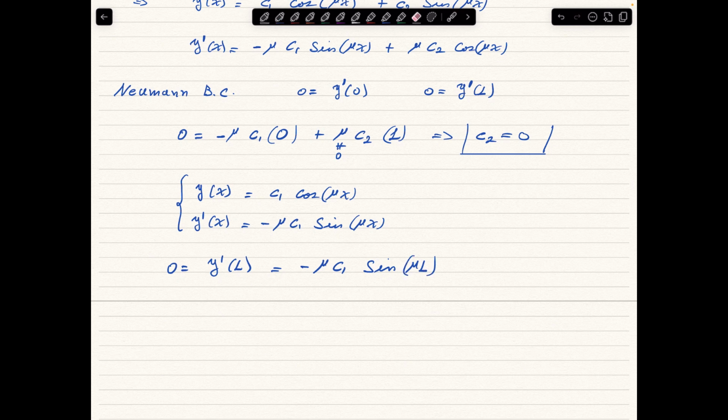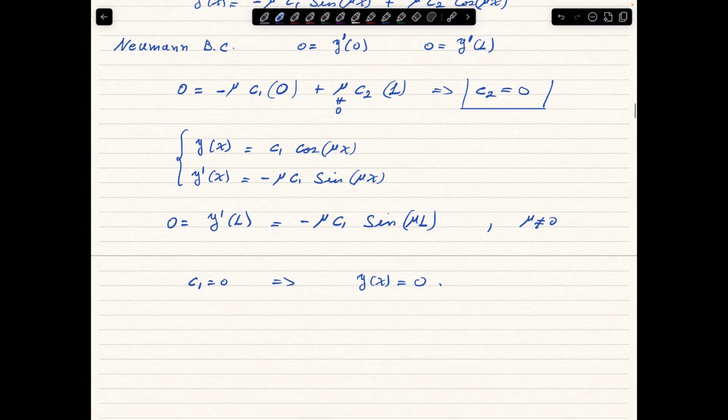Alright, so here what we can do, recall, in this calculation, mu is different from 0. It's actually positive, but it's not 0. So that means two things. Either c1 is 0, and then, because c2 is 0, we recover the solution y equals 0, which we are not interested in, or c1 is different from 0, and that implies that the sine of mu L has to be 0.